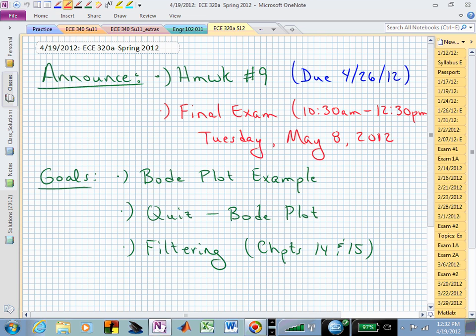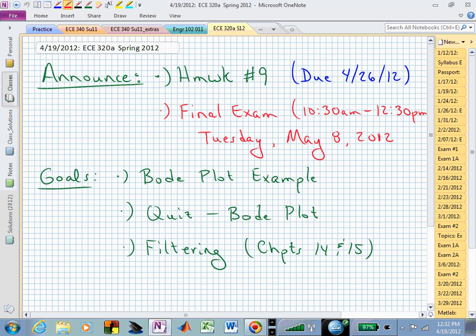Can you actually create a Bode plot given a transfer function? Can you do it by hand? Can you sketch it? That's why you need to pay attention on this first round when I'm working through the example. Then we will get into filtering, which passive filtering is in Chapter 14. You've already looked at finding some transfer functions for circuit diagrams.